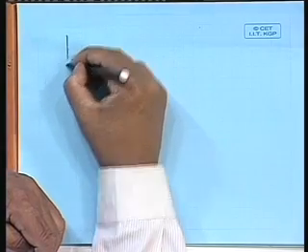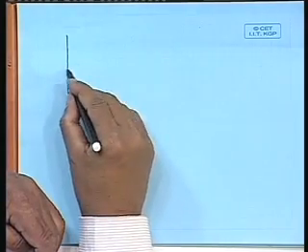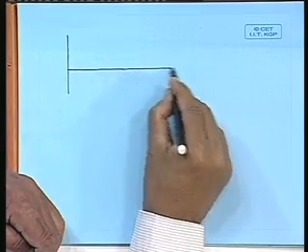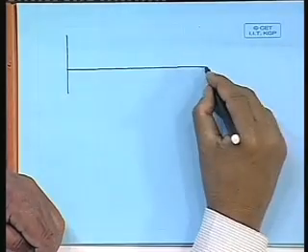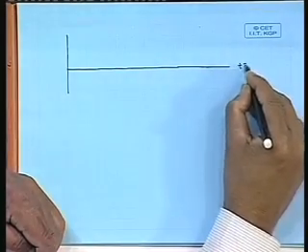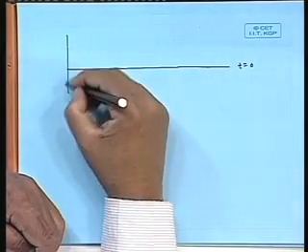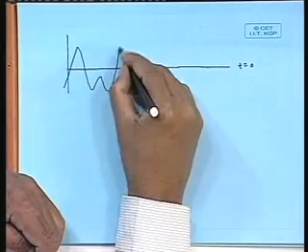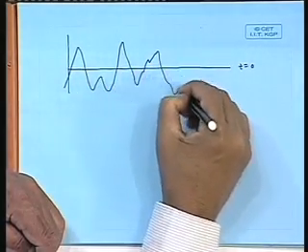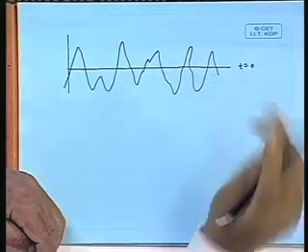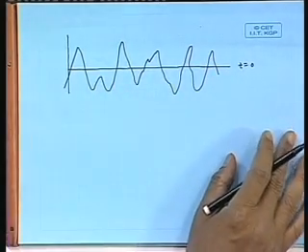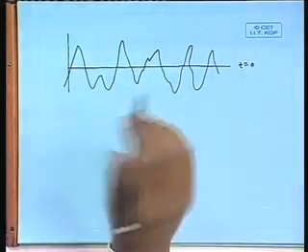Now, let us see how we can go about it. Let me give an example. Supposing you monitor a wave at some location, you may find it goes like that irregularly.